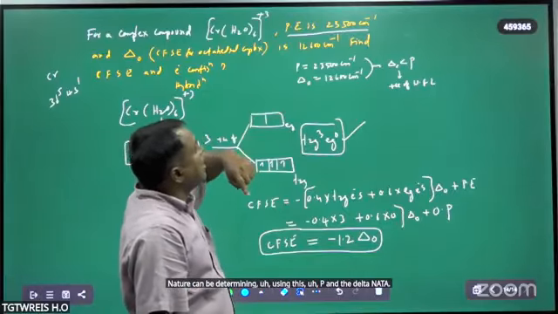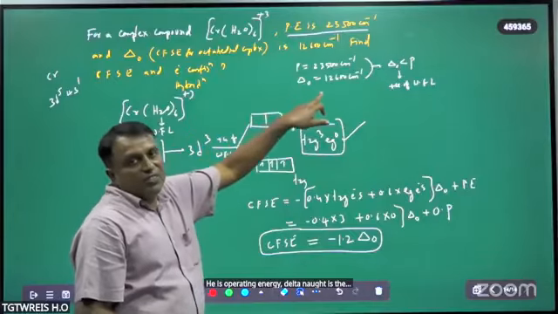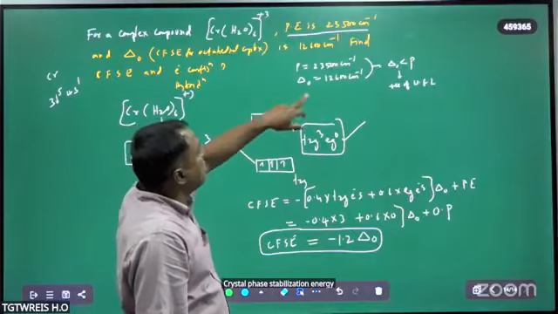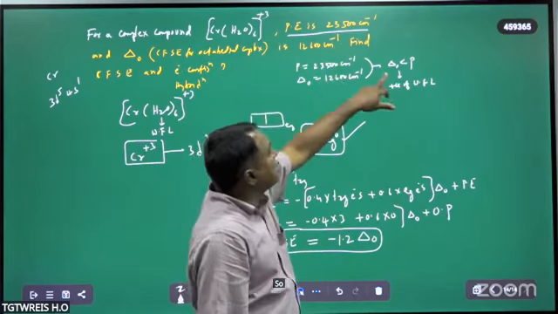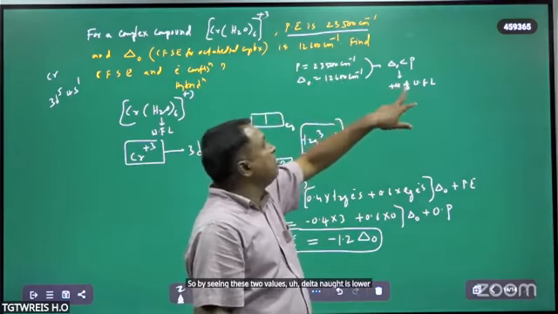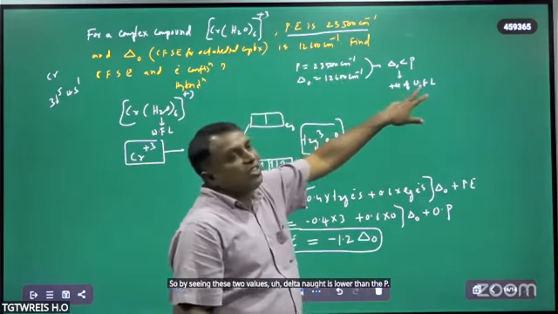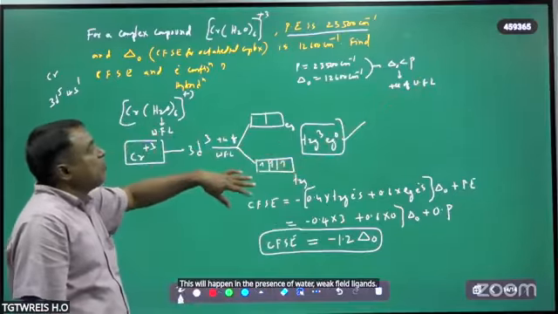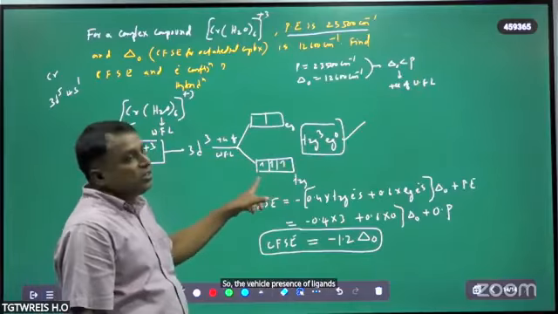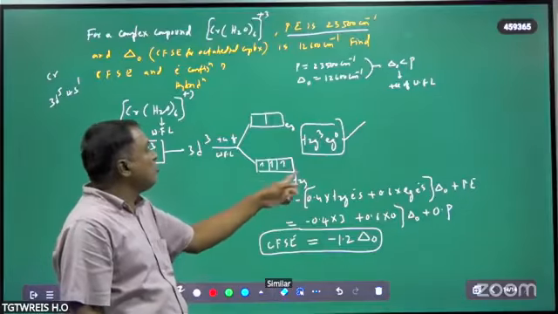P is the pairing energy, and delta naught is the crystal field splitting energy for the octahedral complex. By seeing these two values, delta naught is lower than P. This will happen in the presence of weak field ligands. In the presence of weak field ligands, the electron distribution takes place according to Hund's rule.